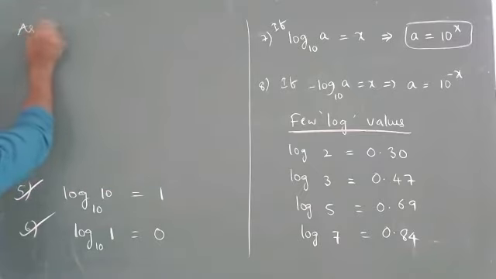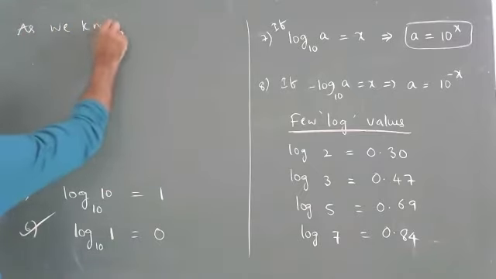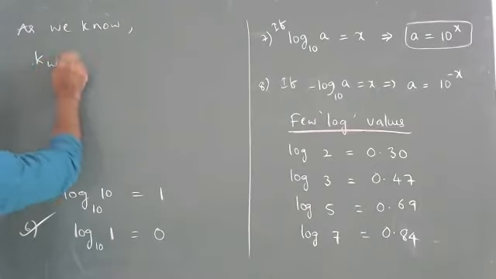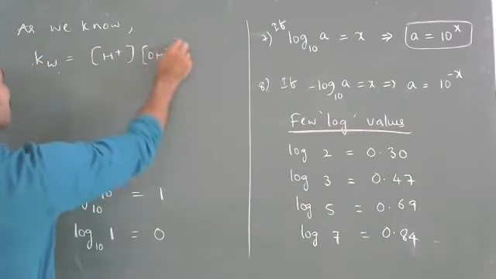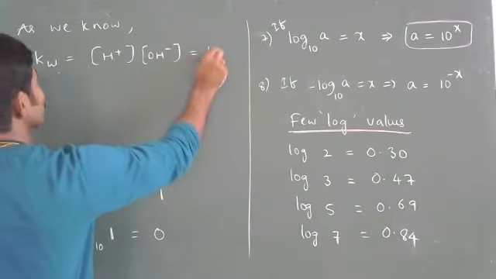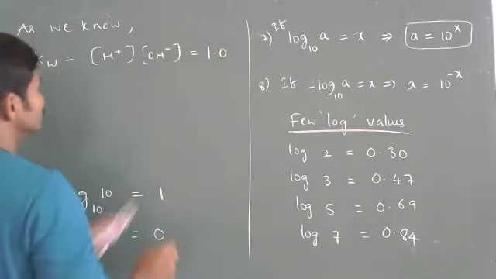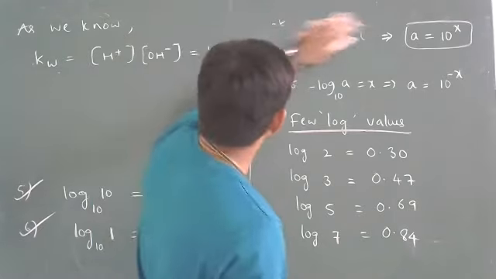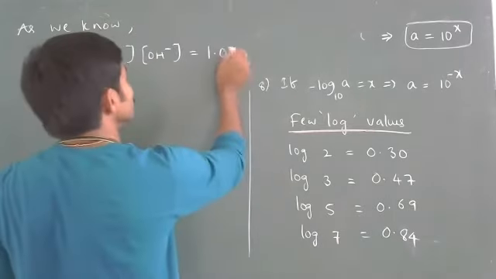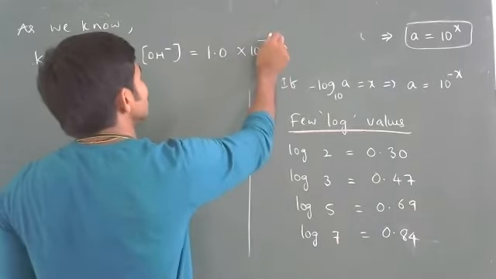Now, as we know, Kw is equal to H plus concentration into OH minus ion concentration, which is equal to 1.0 into 10 power minus 14.